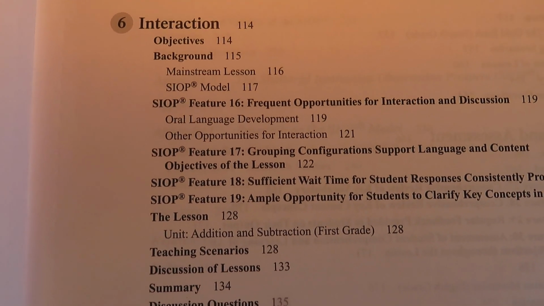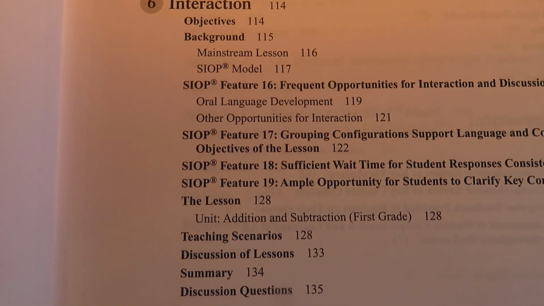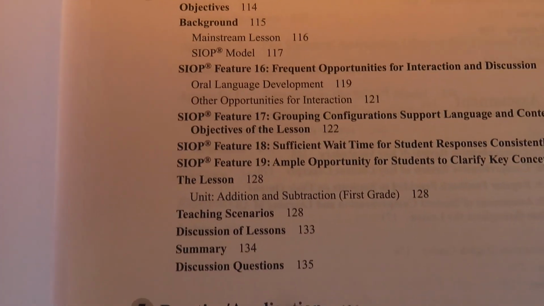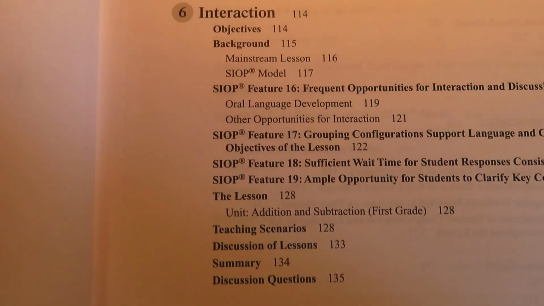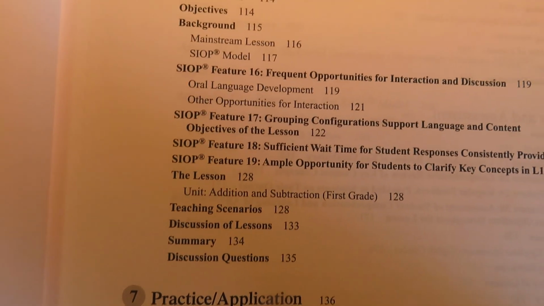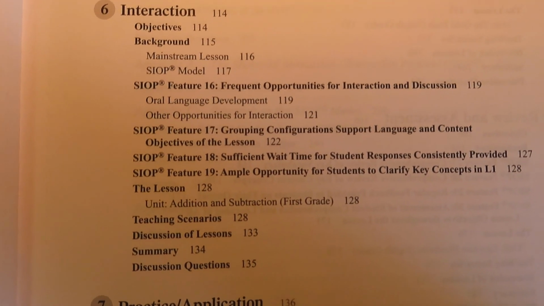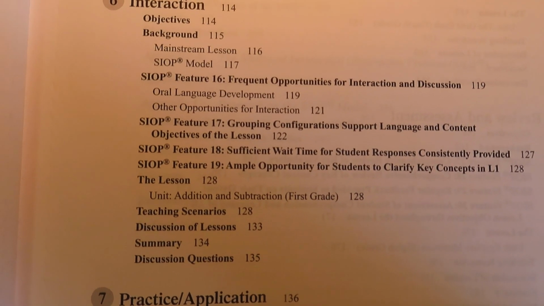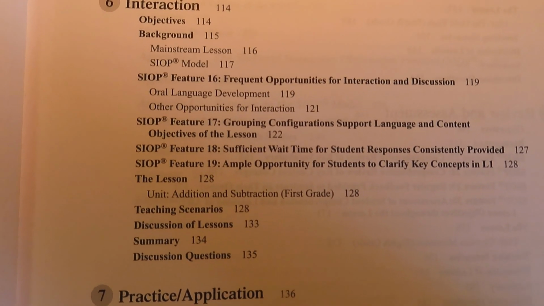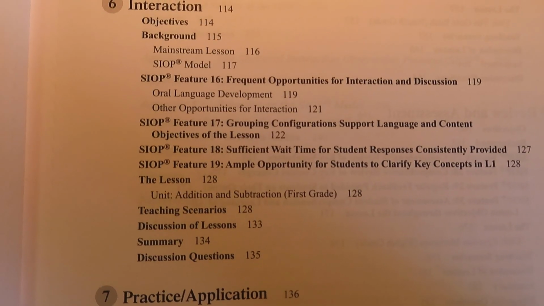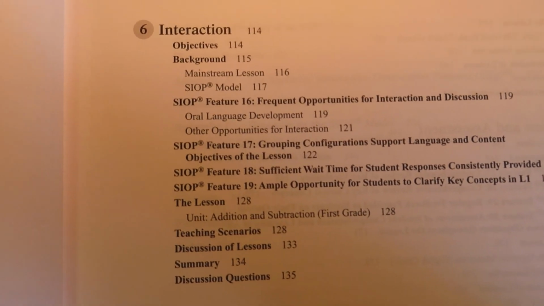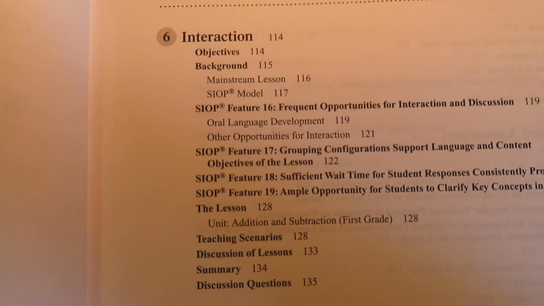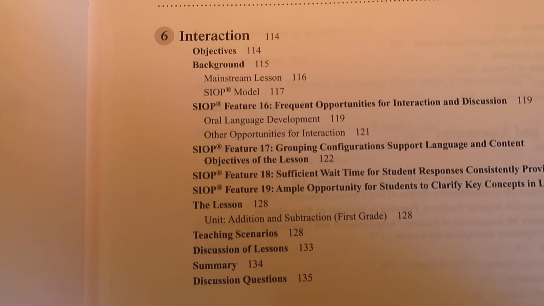So it strikes me as less of a lesson planning format than a lesson planning checklist, which I don't know, maybe is for the best. I don't know, but it feels like, somebody let me know if that's a correct assessment. This is not so much a format for lesson planning as a checklist for lesson planning.